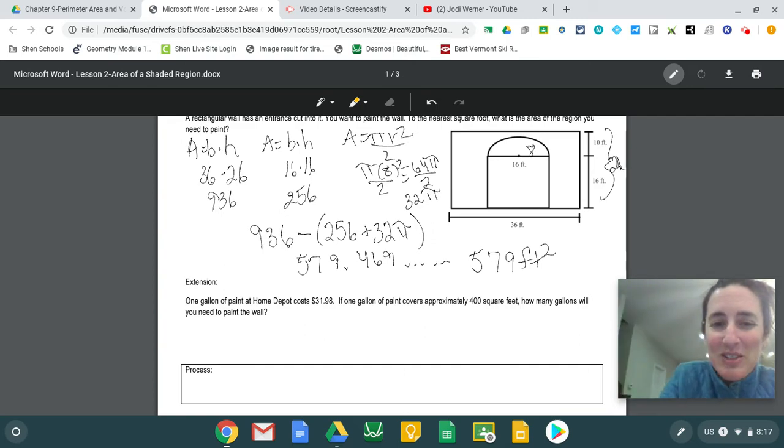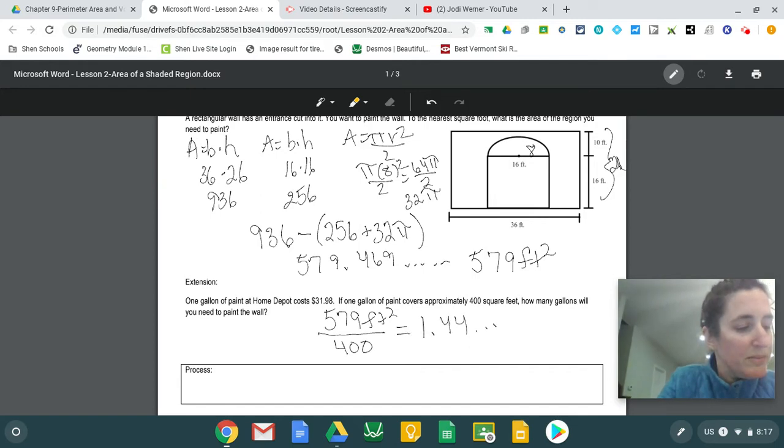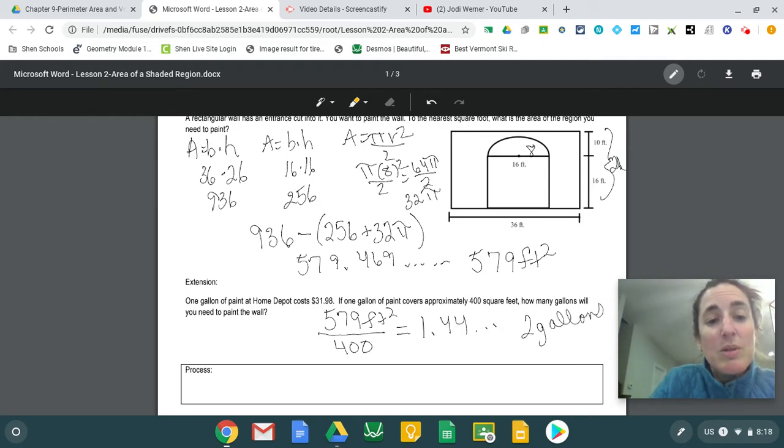If we have 579 feet squared, and 1 gallon covers 400, we can clearly see that we need about 1.44, and that is going to be 2 gallons. We don't even need to figure out the cost, but if we did, we would take the $31.98 and multiply it by 2. So around $64 we would need to spend on paint.